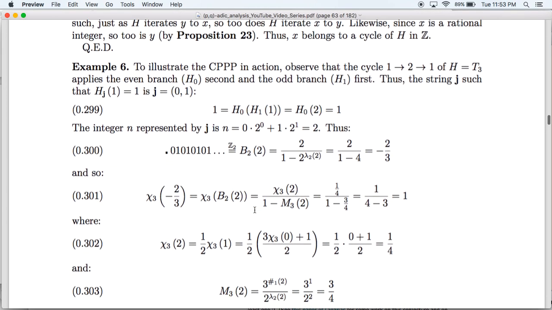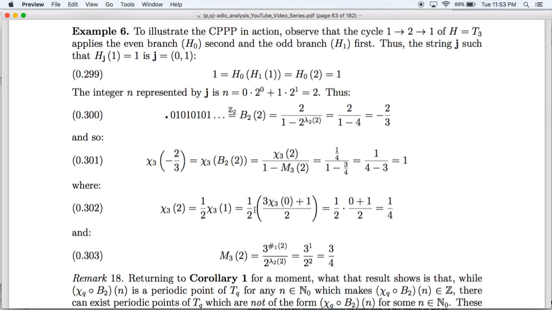And here's a concrete example, in case that was all a little bit too much over your head. To illustrate the CPPP in action, let's consider the cycle 1, 2, 1 of the shortened qx plus 1 map. We apply the even branch second and the odd branch first. Then the string j, such that h j of 1 equals 1, is 0, 1.